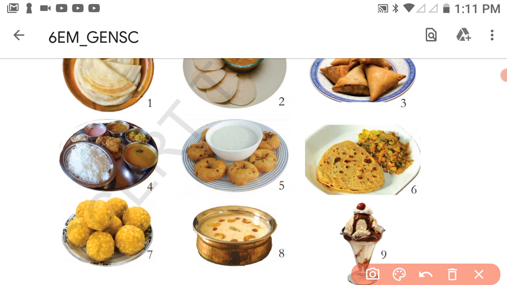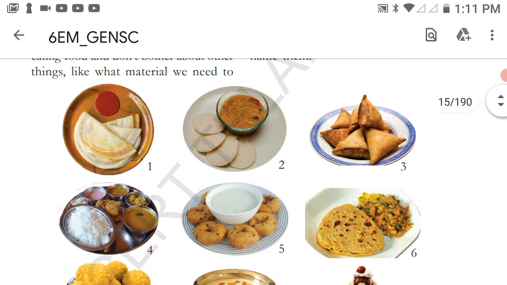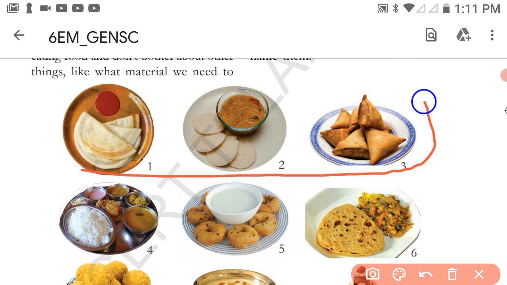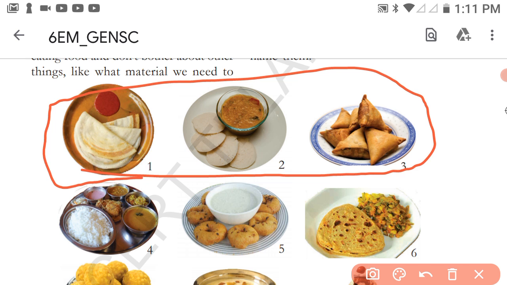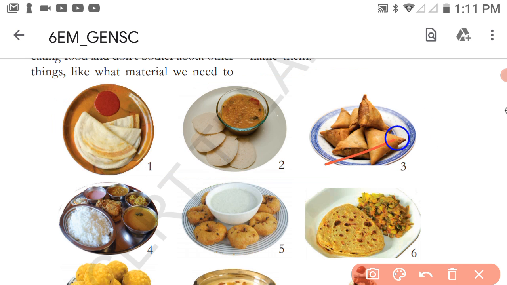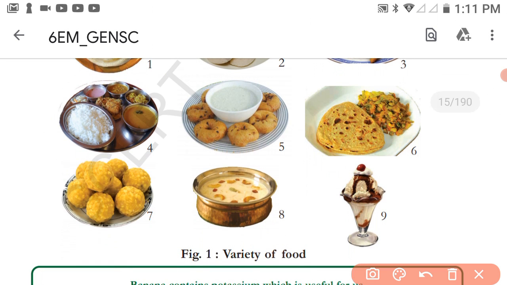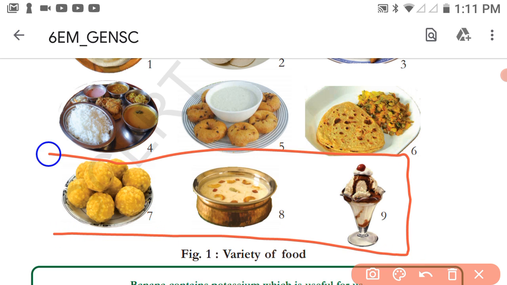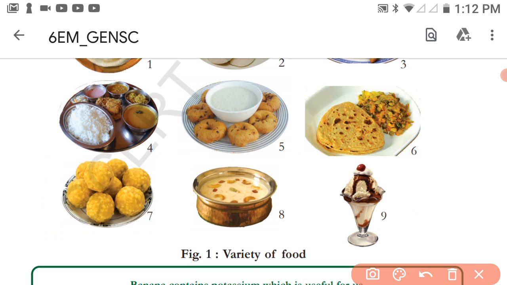And the ones at the top row, we mostly consume for breakfast, and the last one maybe for snacks. And the last row, we consume as sweets and desserts after finishing our lunch. Yes, a mother might be saying, if you finish your lunch quickly, then I will give you a sweet, right? You might have heard, or your mother might be telling you this, right?